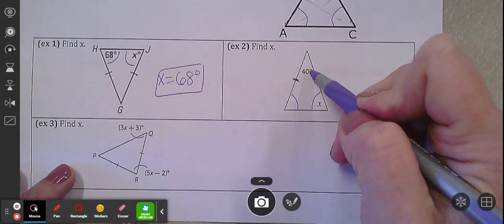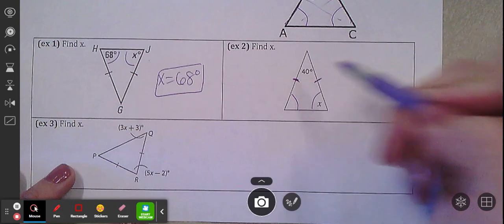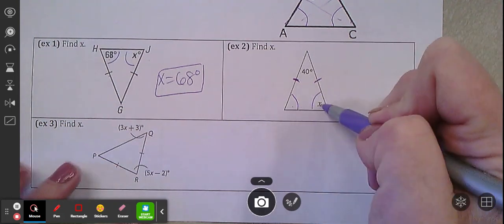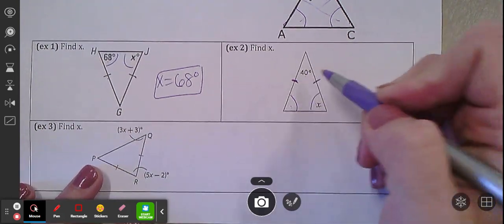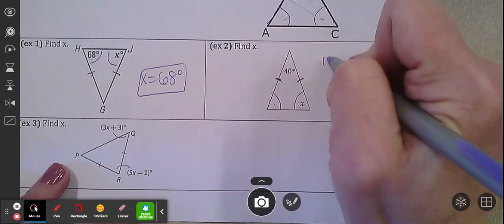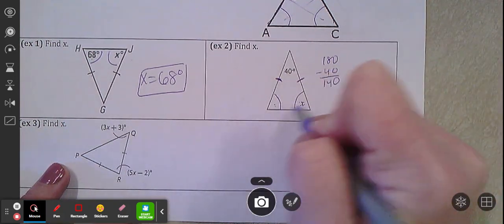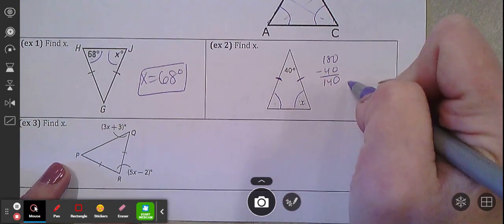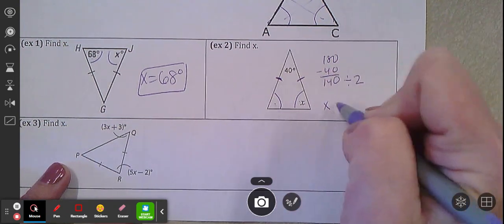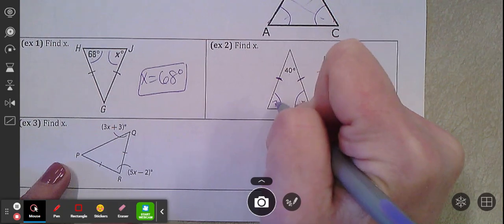This one's 40, which is called the vertex angle, and these are the base angles. Remember that all three add to 180. So 180 minus 40 is 140, the sum of these two. They're equal, so if we divide in half, these two angles are both 70.